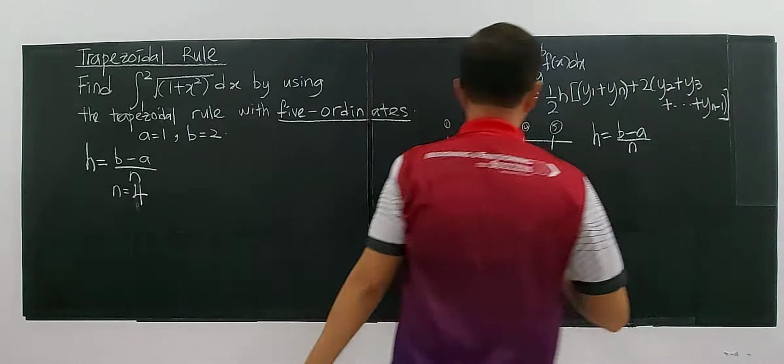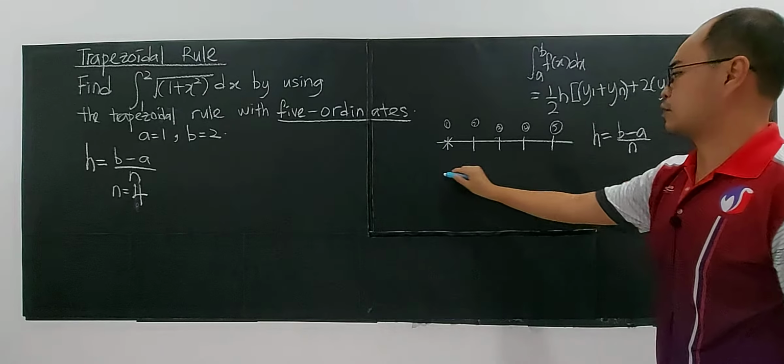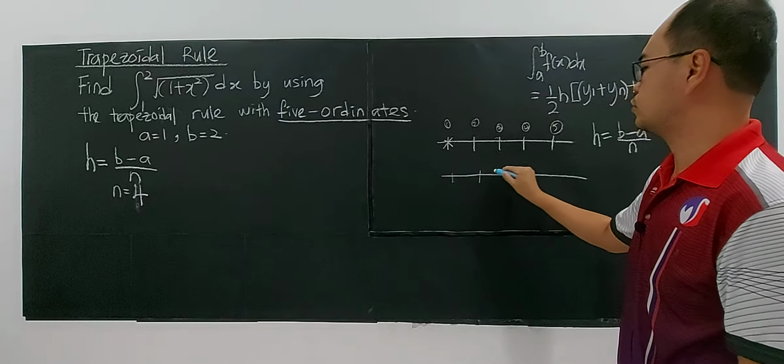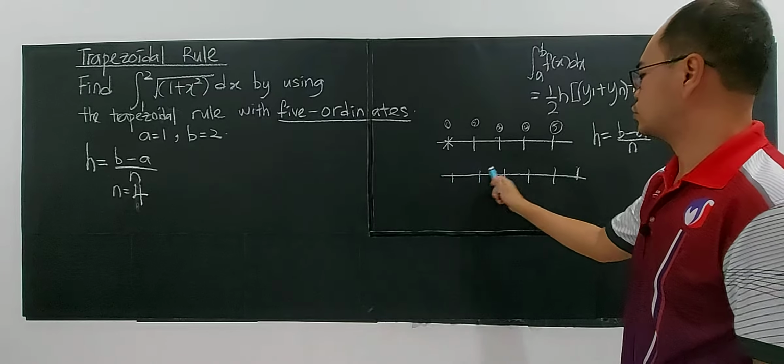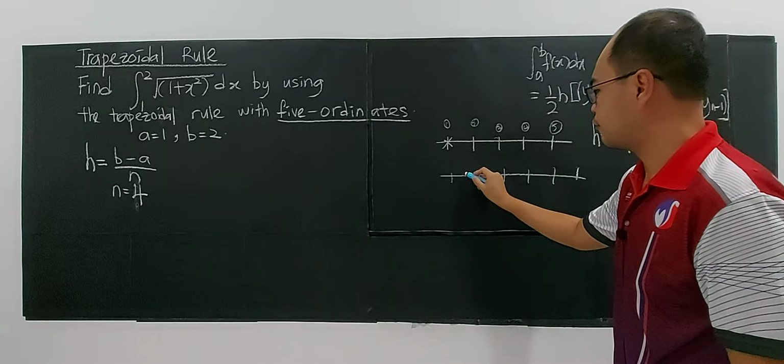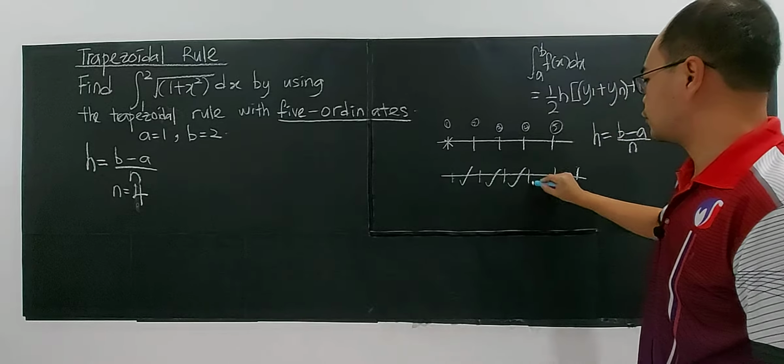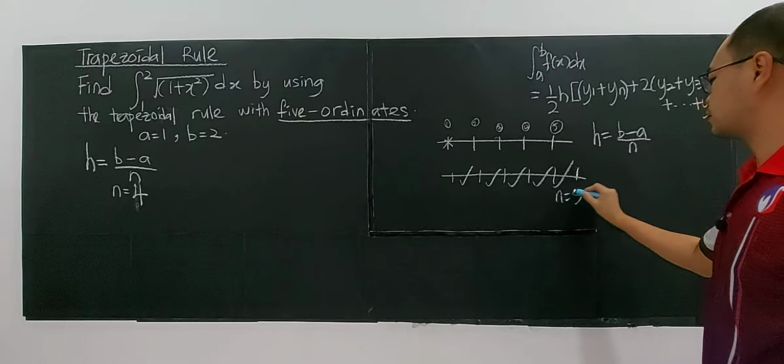If you have 6 ordinates, 1, 2, 3, 4, 5, 6, then you have 5 intervals.